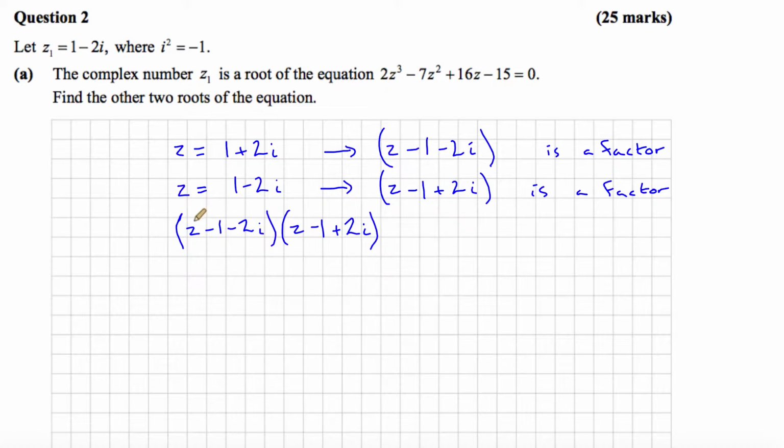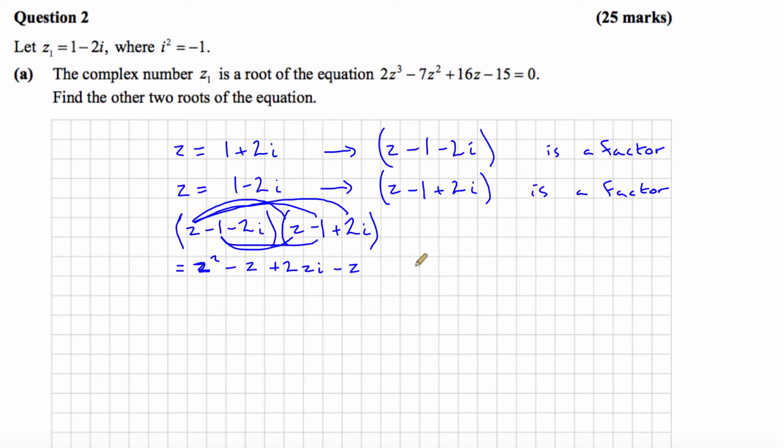Okay, so z by z gives me z squared. Then I have z times minus 1, which is minus z. And finally z times 2i is plus 2zi. Next I've got minus 1 times z is minus z.